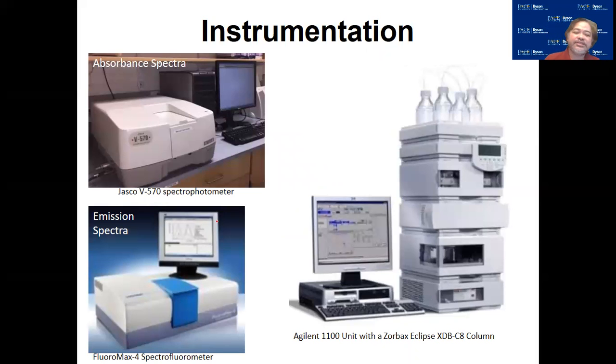For the instruments, we use a JASCO V-570 spectrophotometer, and then a Fluoromax spectrofluorimeter, and then HPLC in the lab with a C8 column. Okay, so we have an Agilent 1100 unit in the lab.